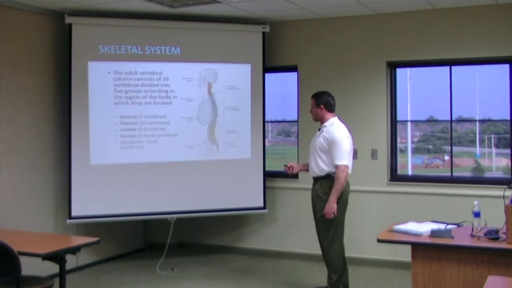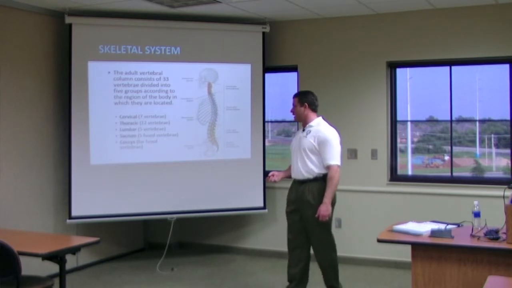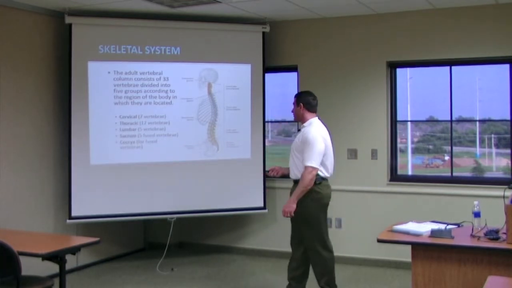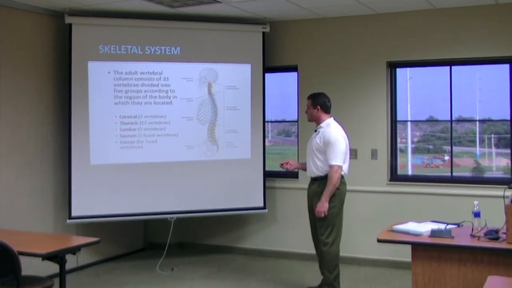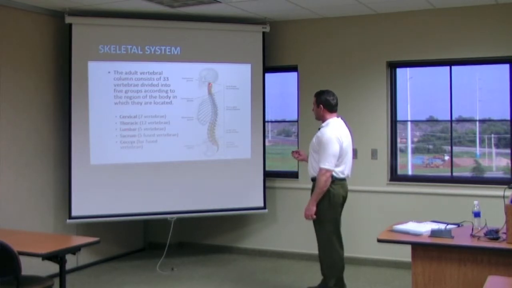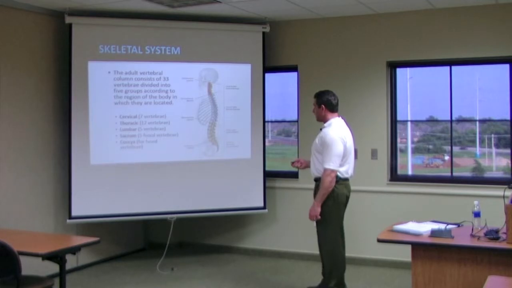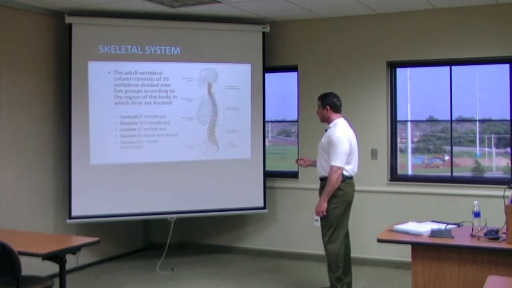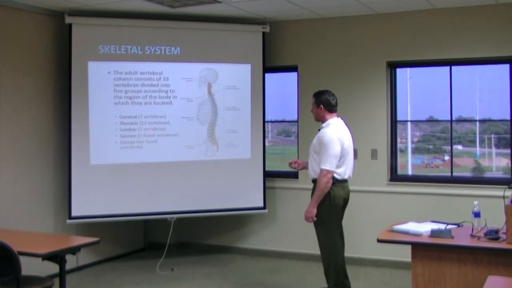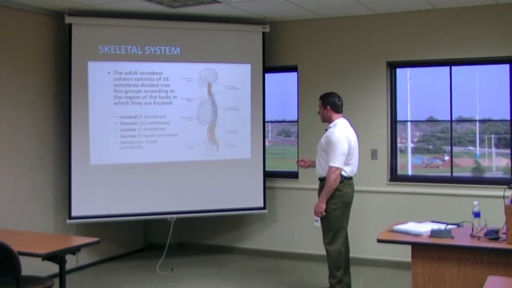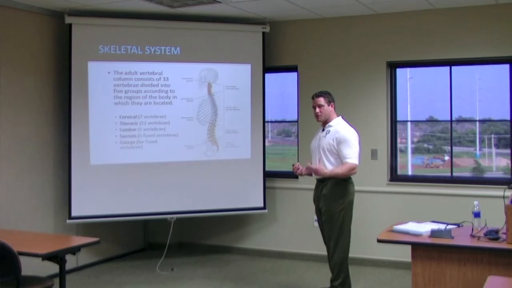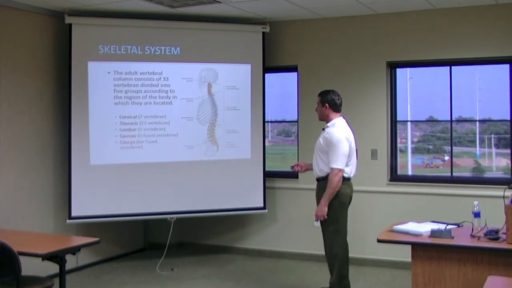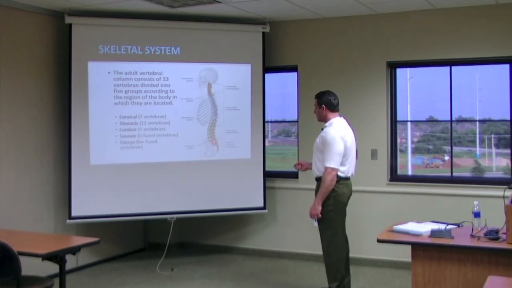Within the axial skeleton, we break down into the actual sections of the spinal column. You have 7 cervical vertebrae, which lie right here. We have 12 thoracic vertebrae, which is right here, your mid-back. You have 5 lumbar, the base of your lumbar, which is kind of the tree trunk of your spine, we call that. Your sacrum, which is actually 5 fused bones.